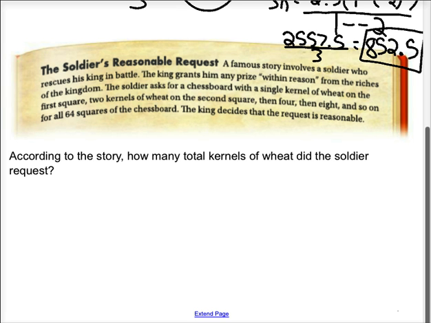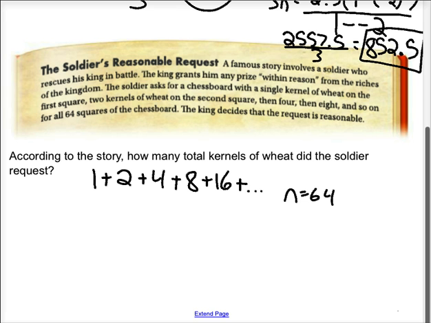All right, so fun little problem here. We're starting with 1 kernel, then doubling it again. So we're having this doubling pattern all the way up until n is 64.